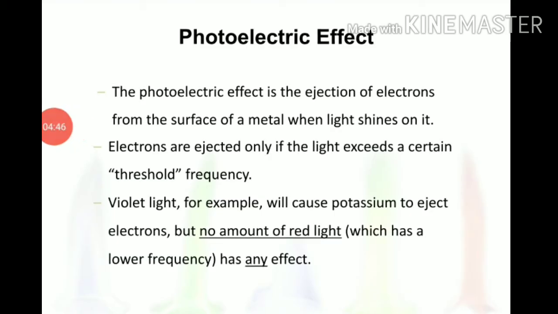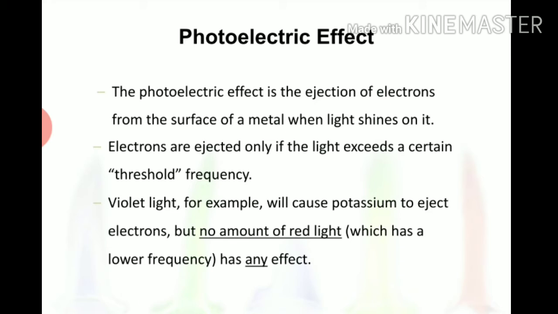The photoelectric effect is the ejection of electrons from a metal surface when light strikes it. For ejection of an electron, it needs a minimum amount of energy, and that energy is measured in frequency, and that frequency is called the threshold frequency.